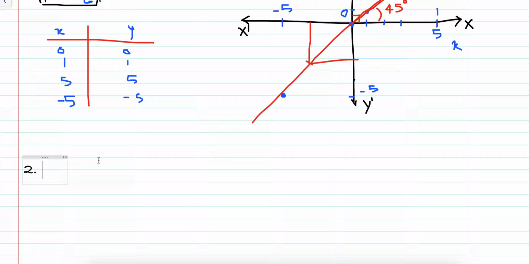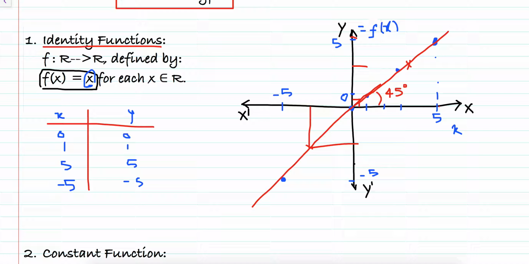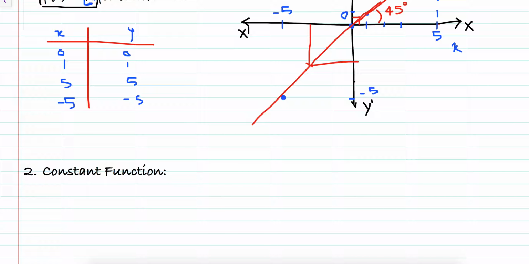Next we will see constant functions. So here f(x) was changing. So when x was changing, f(x) was changing. But for constant functions, no matter what the value of x is, it will always be a constant.